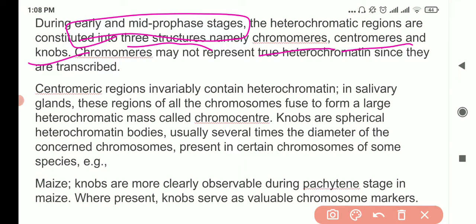Chromomeres may not represent true heterochromatin since they are transcribed.